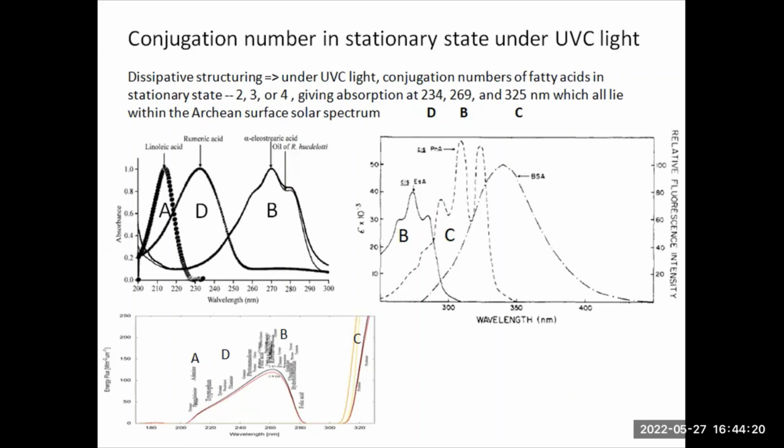So the conjugation number, as I mentioned at the beginning of this talk, determines the wavelength of the absorption of these hydrocarbon chains. You remember, if we have only conjugation number 1, then we get absorption at about 217 nanometers. With 2, we get absorption at about 230, and with 3, about 270 nanometers.